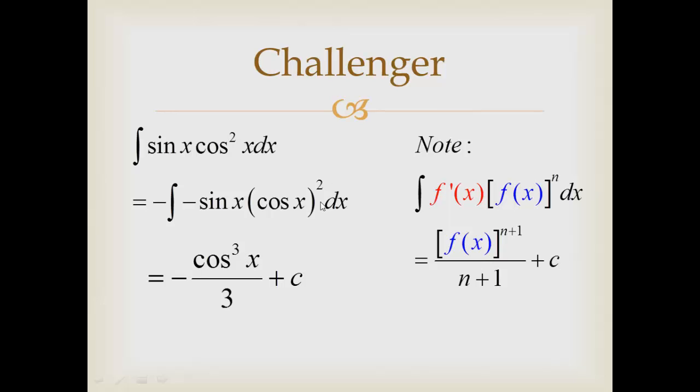Power plus 1, which is 3, power comes down, copying the function f(x). And this minus outside the integration sign is copied over. F prime x in the process has disappeared, plus c. And with this power rule of integration, we managed to complete this challenger question. Congratulations, we have completed the whole lesson on the integration of trigo functions.